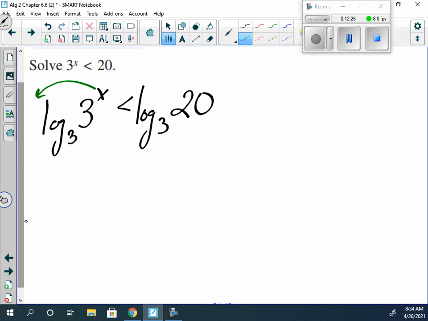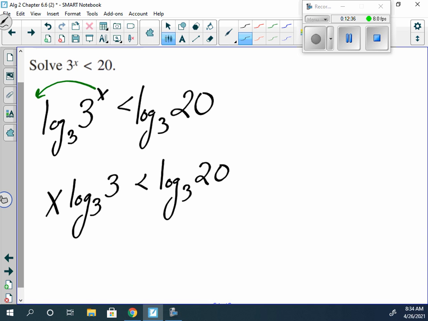Because our log base 3 of 3 to the x, well, according to our properties, the x would come out front, really telling us that I have x of log base 3 of 3 is less than log base 3 of 20. Now, whenever the base and the number inside the logarithm are the same, this here just simplifies to 1.